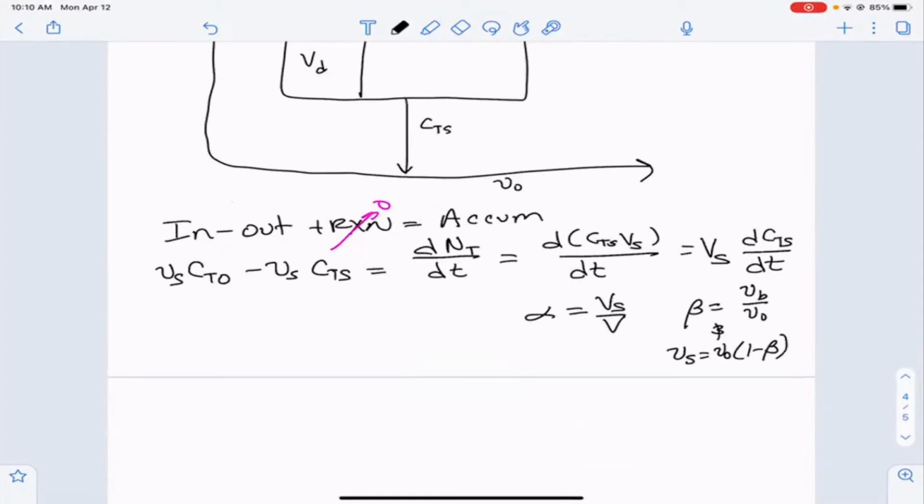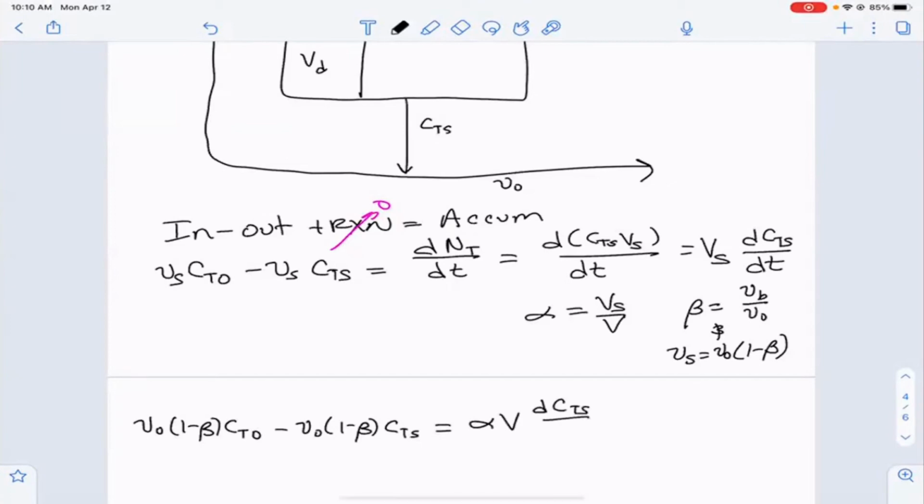Okay, so let's put these in our mass balance. So VS, as I just said, is V0 times 1 minus beta times CT0, minus V0 times 1 minus beta times CTS. And that's equal to VS, which we already said was alpha times the volume, times dCTS/dt.